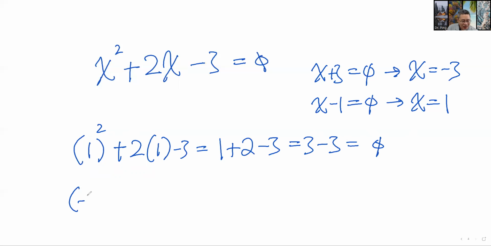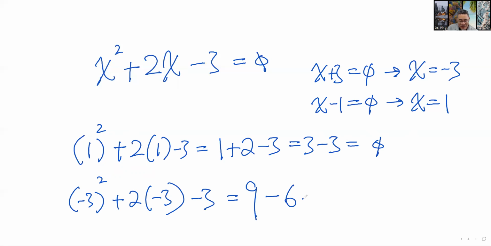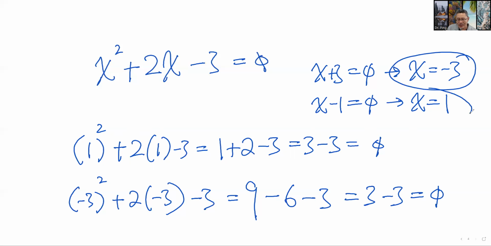Another one is -3 squared plus 2 times -3 minus 3. -3 squared is 9. 2 times -3 is -6, and minus 3. And 9 minus 6 is 3, minus 3 is equal to 0. So we know those are the right solutions.